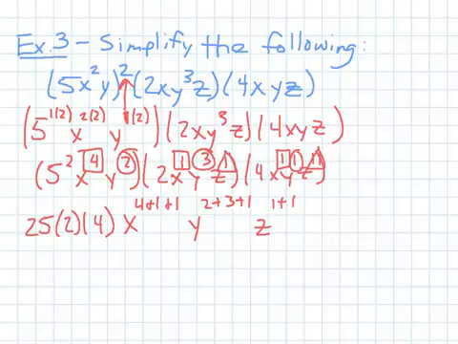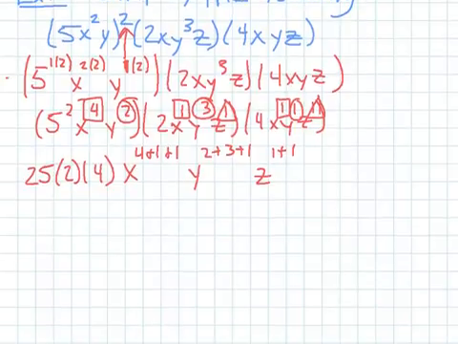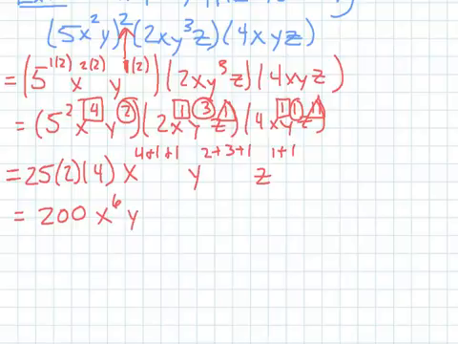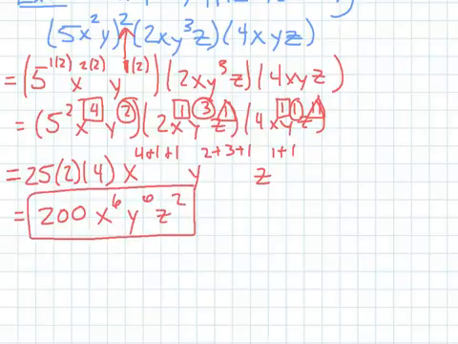So 25 times 4 is 100, and then 100 times 2 is 200. So that gets me 200. X to the 4 plus 1 power is 6. Y to the 2 plus 3 plus 1 power is 6. And then z to the 2nd. Okay? So that's my answer. Have fun.